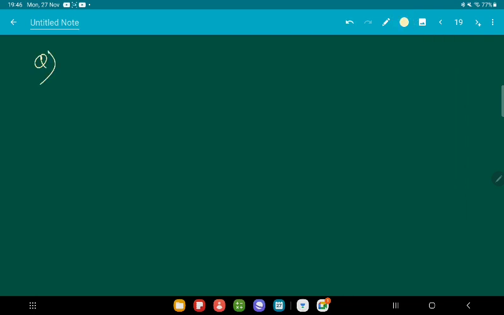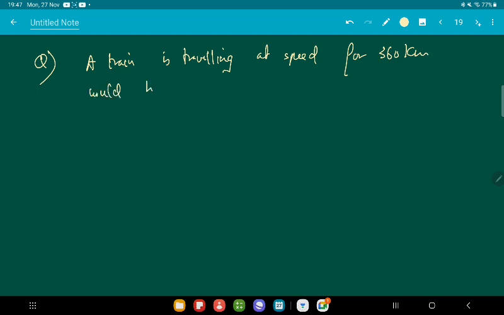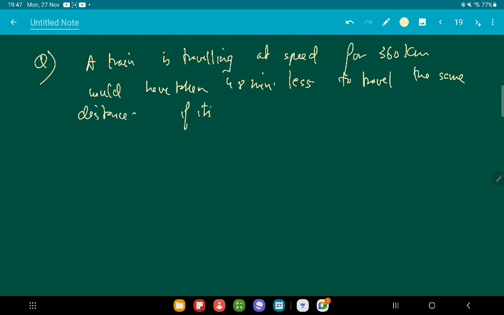Next question that comes to my mind: a train is traveling at a uniform speed for, let's suppose, 360 kilometers, and it would have taken 48 minutes less to travel the same distance if its speed were 5 kilometers per hour more.